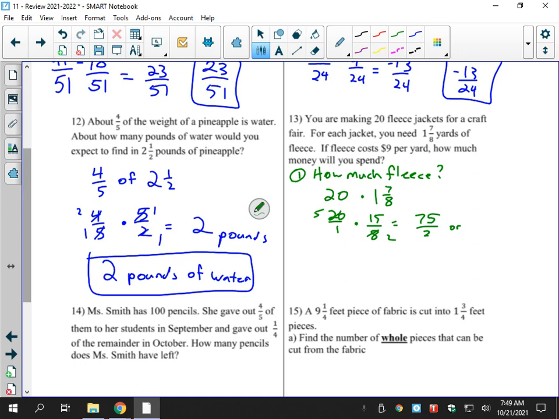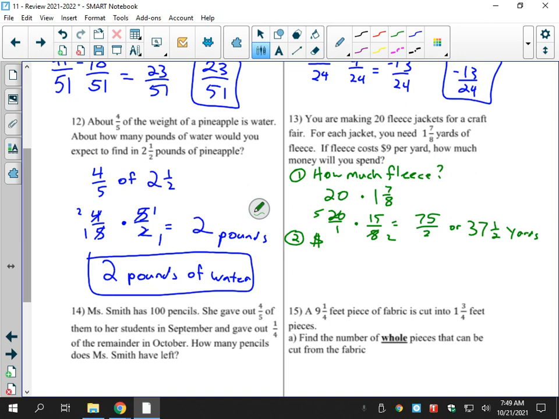Or, let's see, that would be, I believe, 37.5 yards. And just giving myself some options with the formatting there. So I don't know on the next part what's going to be better, improper fraction or mixed number, but I've got it both.